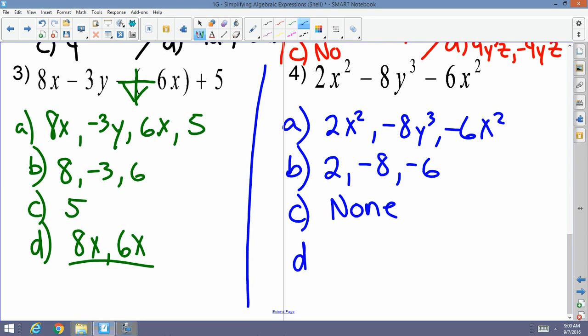There are no terms here that are just numbers alone. And D, my like terms, are 2x squared and negative 6x squared. Y cubed is not a like term because it has a different variable and different exponents.